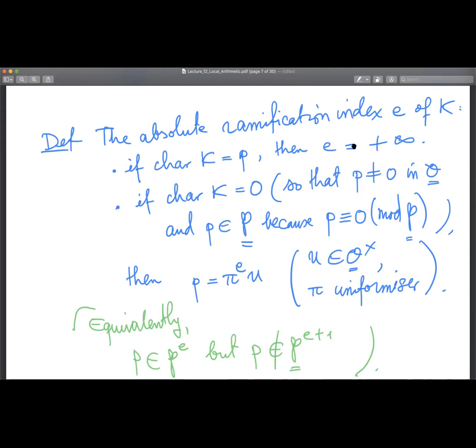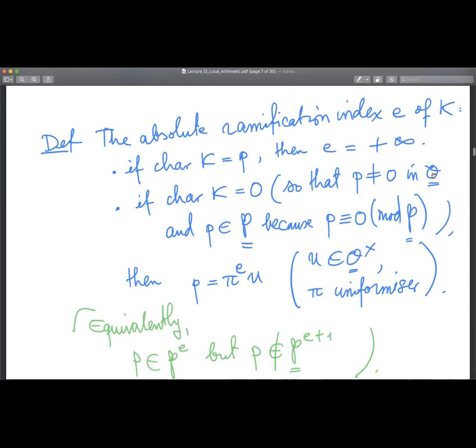This is not very enlightening, but you'll see that that's a reasonable thing to do. The important thing is that if the characteristic of K is equal to 0, in which case, of course, P is going to be different from 0 in the ring O, because if P is equal to 0, the characteristic of K would be P and not 0, as the assumption is.